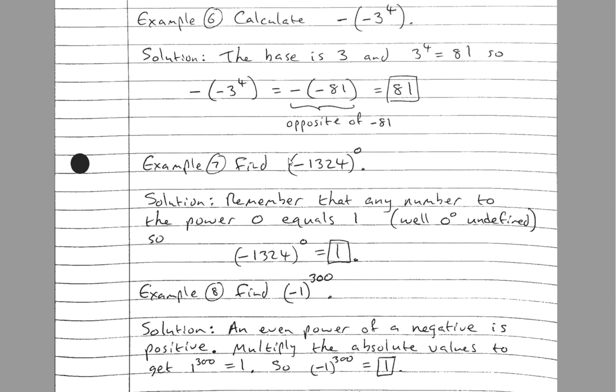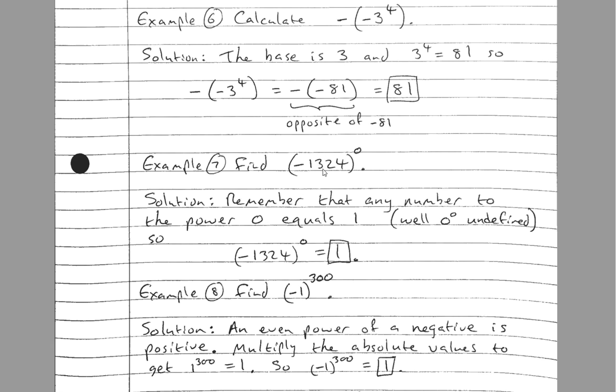Example 7, we have negative 1,324 to the power 0. Okay, so the base here is this negative number. But then don't forget our rule, anything to the power 0 equals 1.